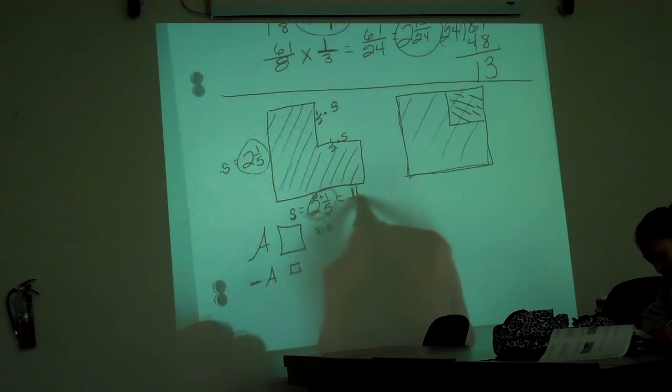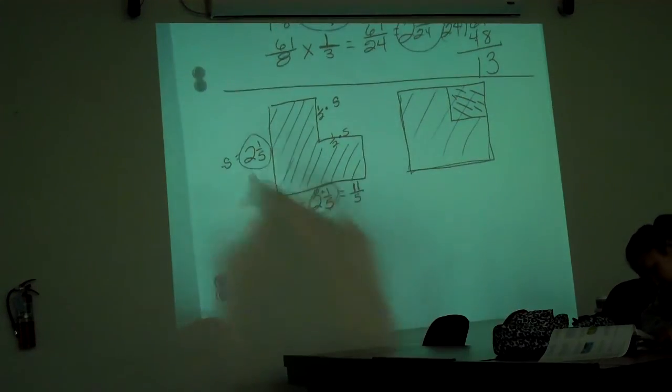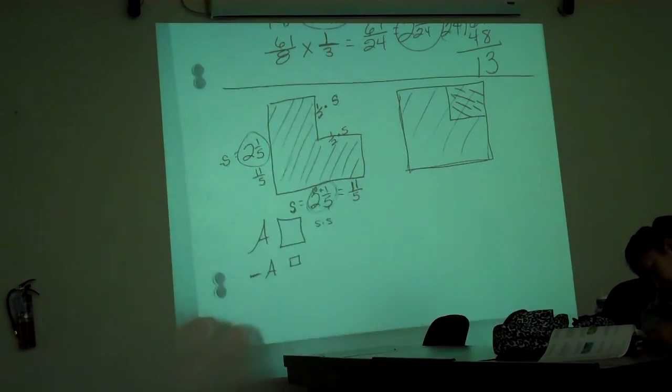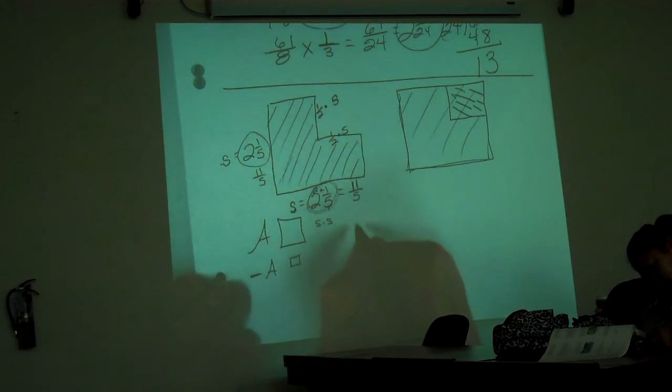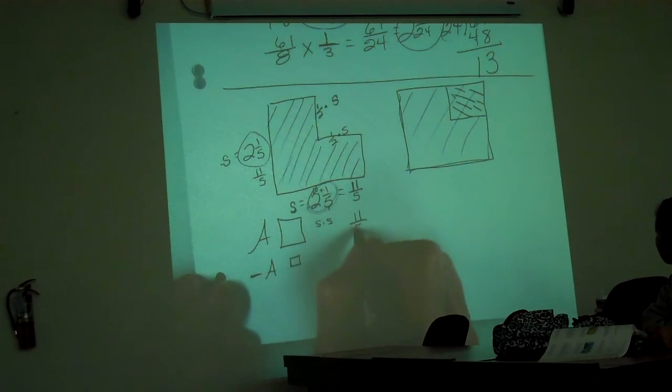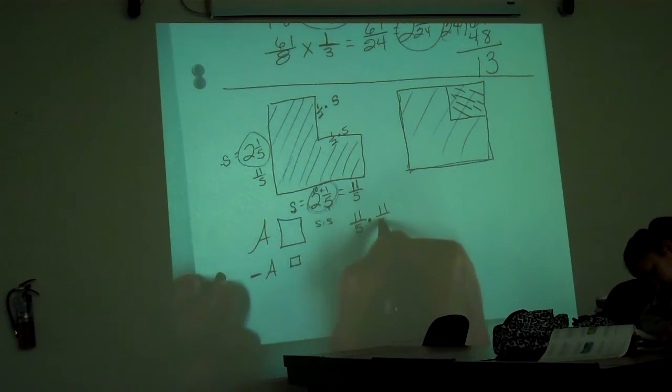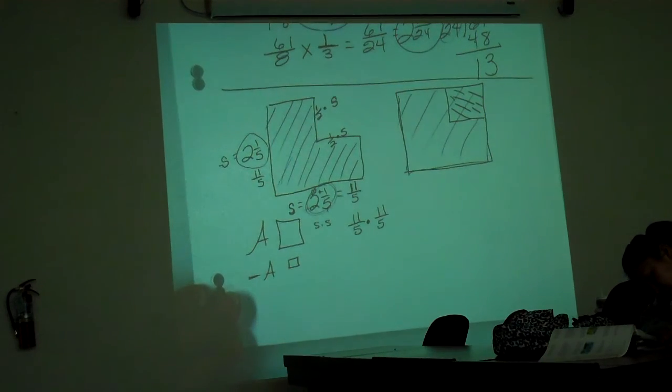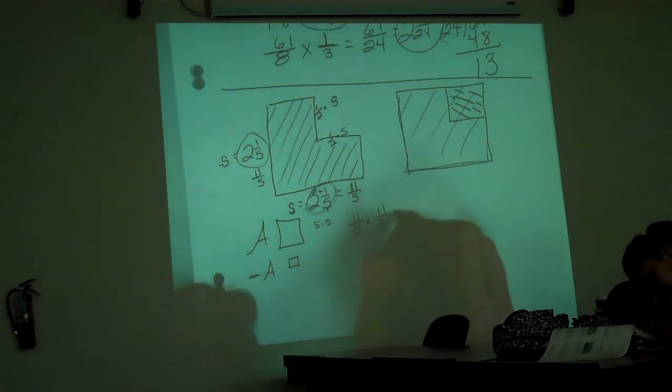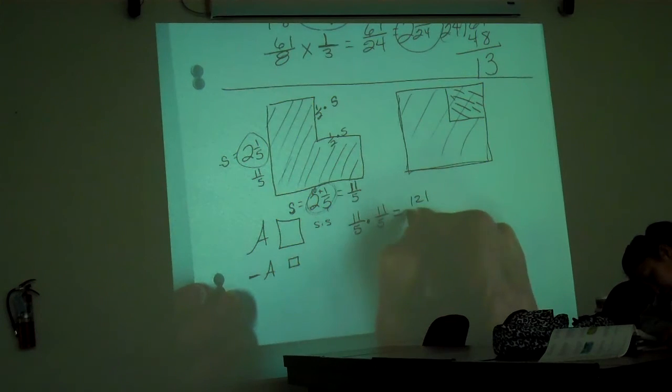So the sides are 11/5. The big square would be 11/5 times 11/5. And that doesn't have any canceling, so it's 121 over 25. Okay?